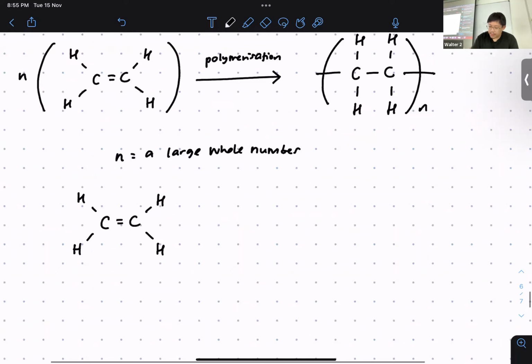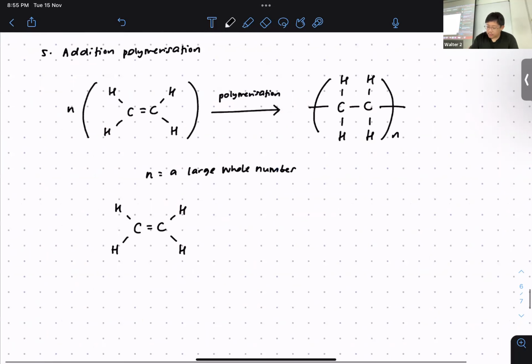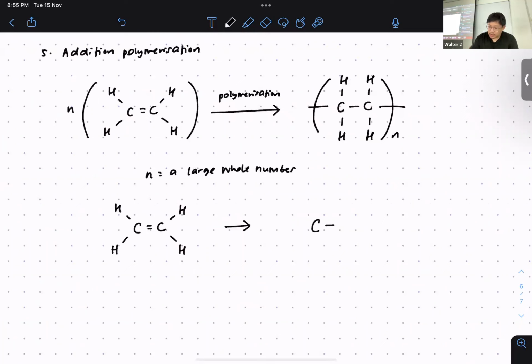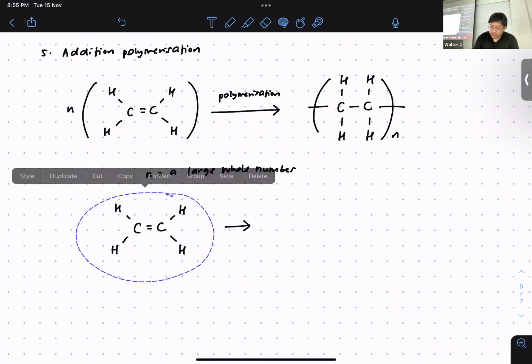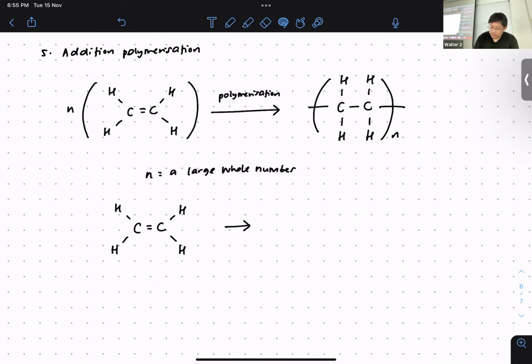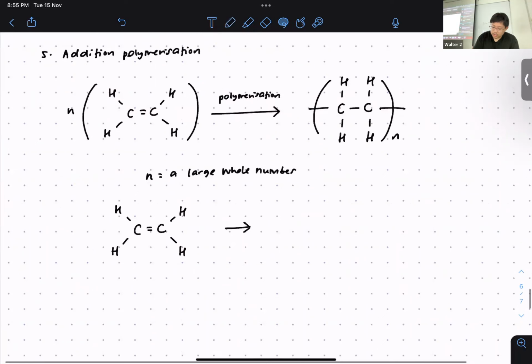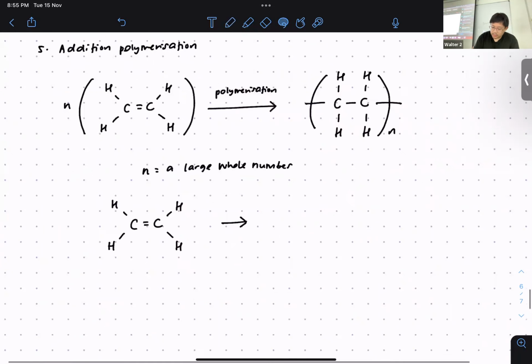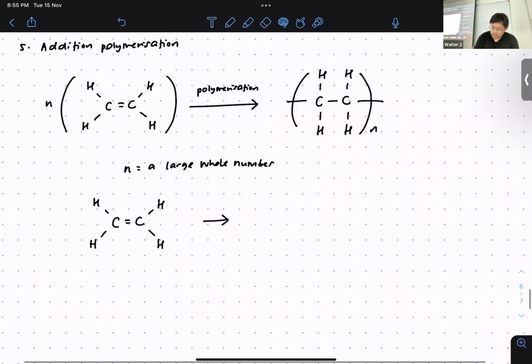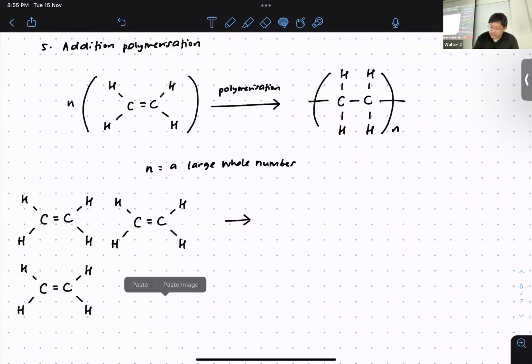Then many of them will combine together to form a long chain polymer. Just to show you a lot of these molecules, they can all combine together.